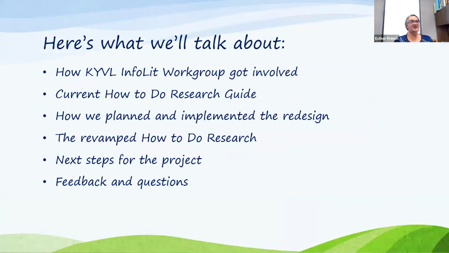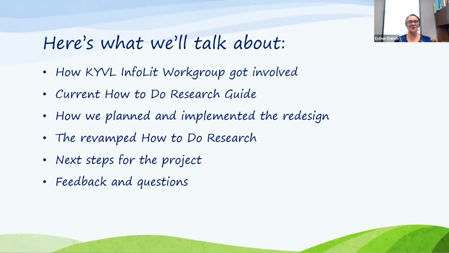So what we're going to talk about today is how the work group got involved, what the current How to Do Research for middle grades and high school looks like right now. You may have been in it, you may have not. So we'll take a look at that and talk about those decisions that we made and why we decided to do a revamp, basically. Then our planning process, our redesign process, not that it was very organized, but we did our best.